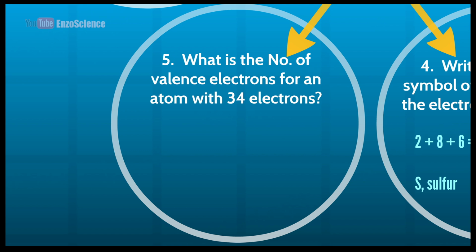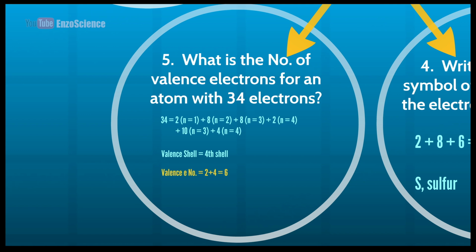To answer this question, we need to find out the electron configuration of this atom. 34 electrons can be arranged according to the second rule of the Bohr diagram. And in the end, it leaves 6 valence electrons in the fourth shell. From the periodic table, this element is selenium.